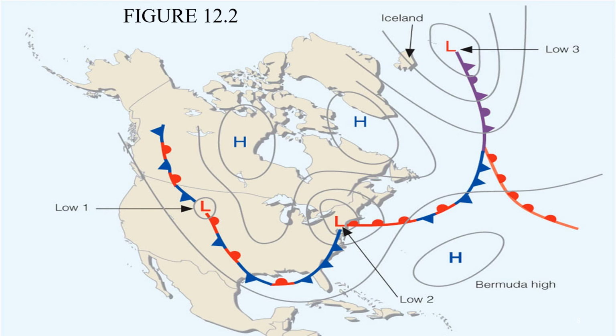Looking at the cyclone over the northern plains, indicated as low 1, it is just forming, and the one along the east coast, low 2, is an open wave, and the occluded system near Iceland, indicated as low 3, is dying out. The cyclonic system is dying out.